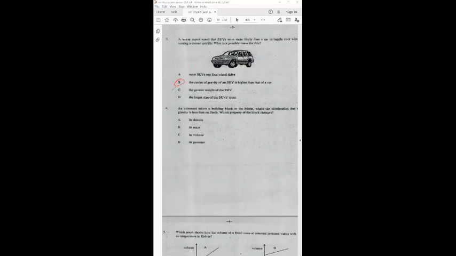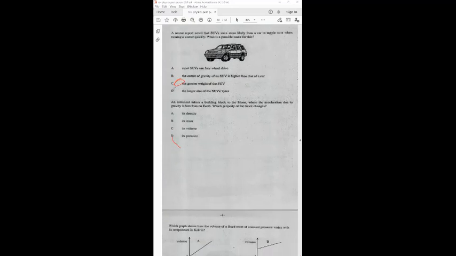Okay. Number 4, an astronaut takes a building block to the moon, where acceleration due to gravity is less than on Earth. Which property of the block will change? Okay. So let's remind ourselves what these relationships depend on.